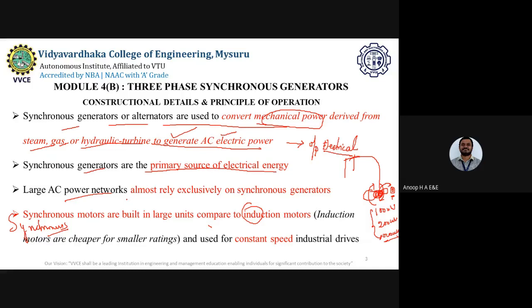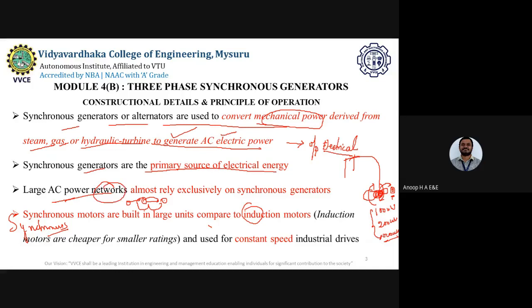Interconnected means connected from one state to another, or one district to another. So you have an interconnected network. That is what you see in the large AC power network here.